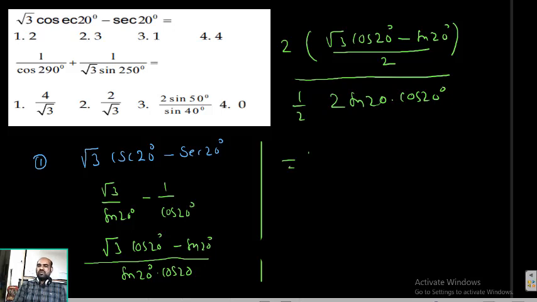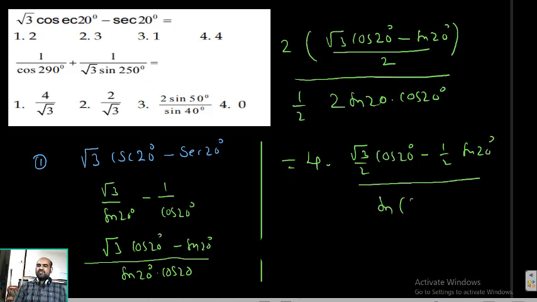So that becomes 4 times root 3 by 2 into cos 20 minus 1 by 2 into sin 20, by sin of A plus B, 20 plus 20, plus sin of A minus B, 20 minus 20.